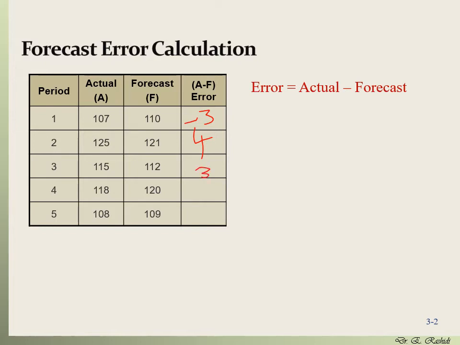For period number 4, the actual is 118, the forecast is 120. So 118 minus 120 is negative 2. For the fifth period, the actual value is 108. The forecast is 109. So the error is 108 minus 109, which is negative 1. As you see, it's very easy to compute this.